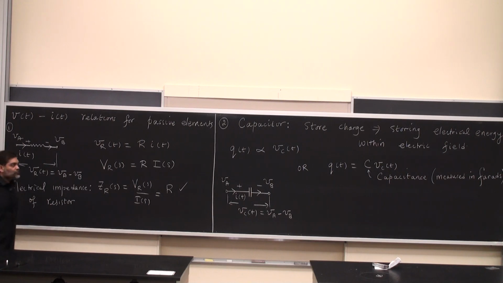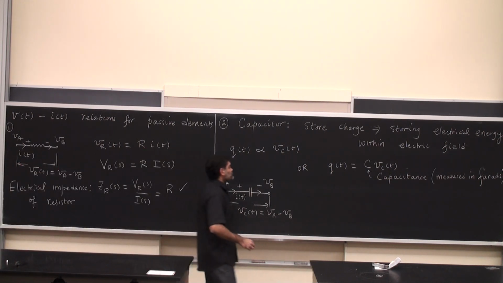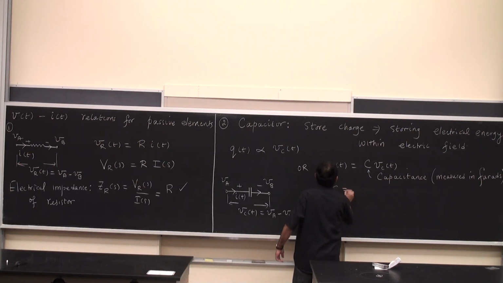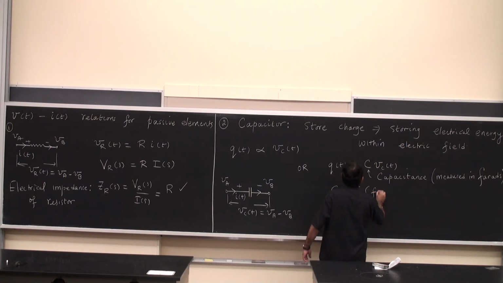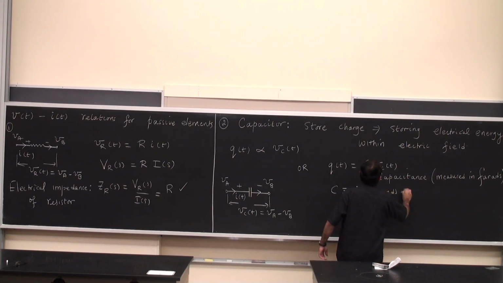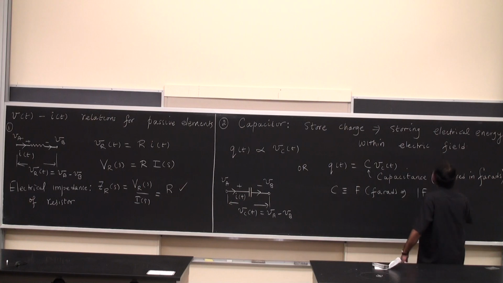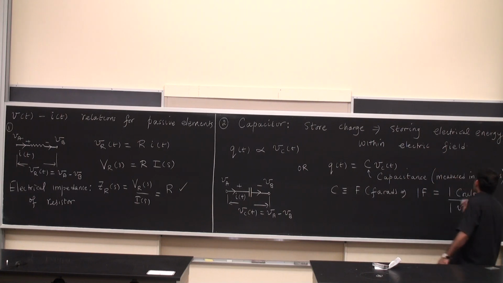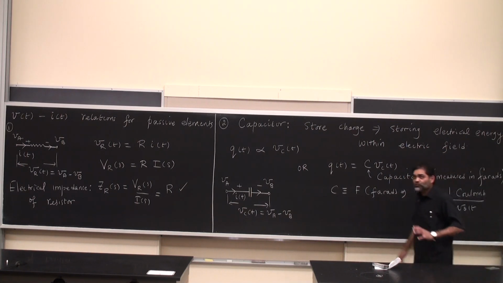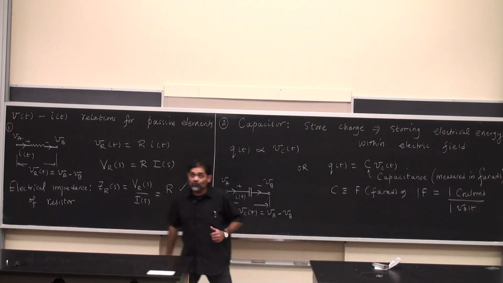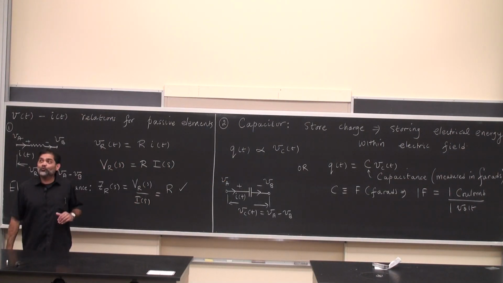And 1 farad is 1 coulomb per volt. So you see, Q is charge measured in coulomb. Volt, as you know, is joules per coulomb.